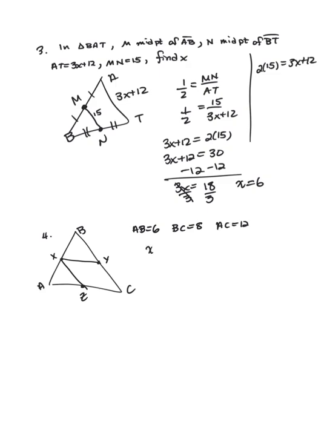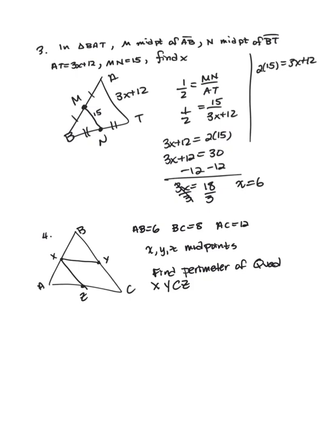And then points X, Y, and Z are midpoints, respectively, of AB, BC, and AC. Okay, we're going to find the perimeter of quadrilateral X, Y, C, Z.